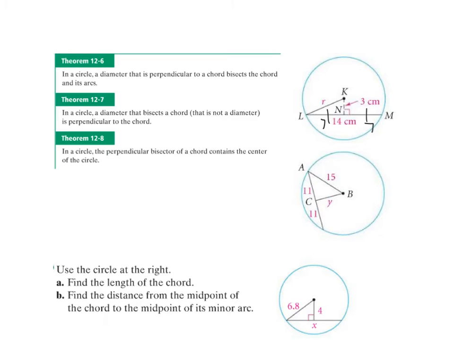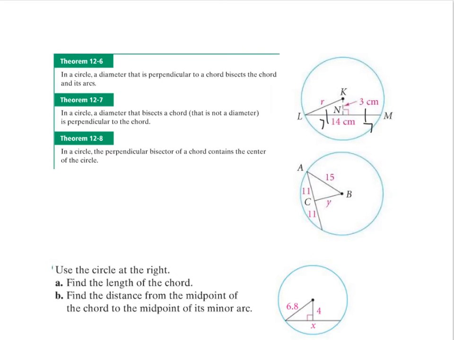So basically it's saying as soon as you know that either these two segments are equal or this makes a 90, then it has to go through the center. So we could figure out what y is by doing y squared plus 11 squared equals 15 squared. We could figure out what r is by doing 7 squared plus 3 squared equals r squared.